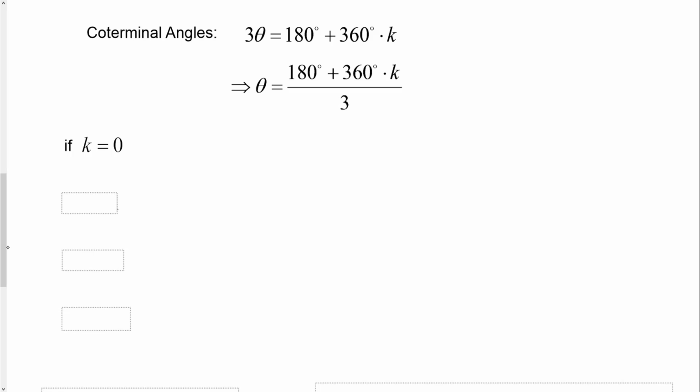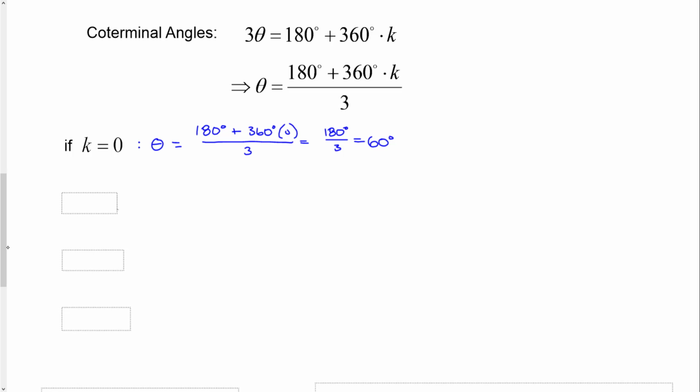So if k is equal to 0, let's see what happens. Theta would be 180 degrees plus 360 degrees times 0, divided by 3. 360 times 0 is just 0, so effectively it's just 180 divided by 3, or 60 degrees.